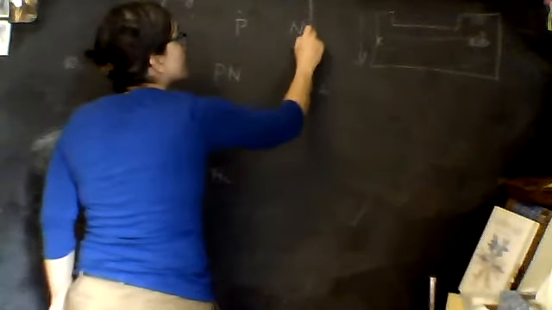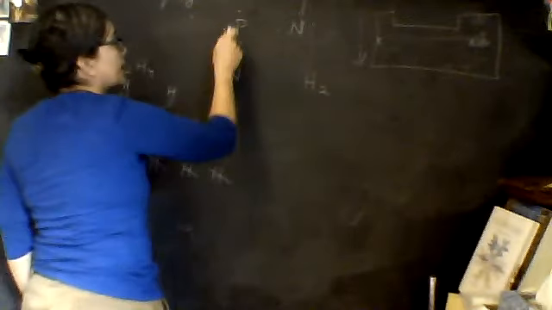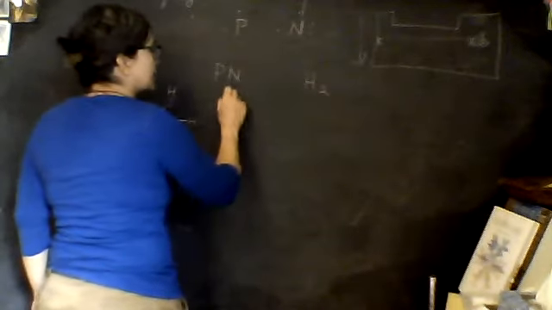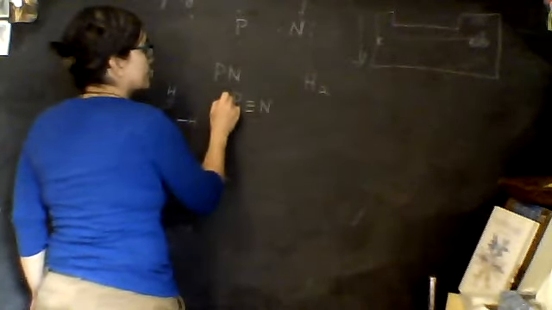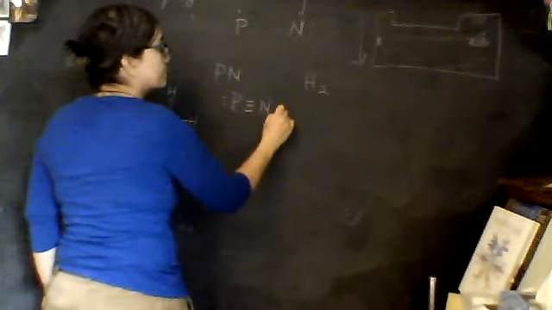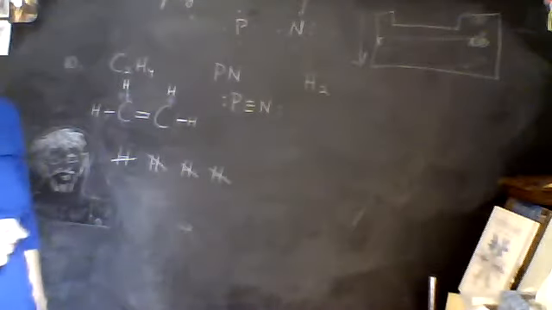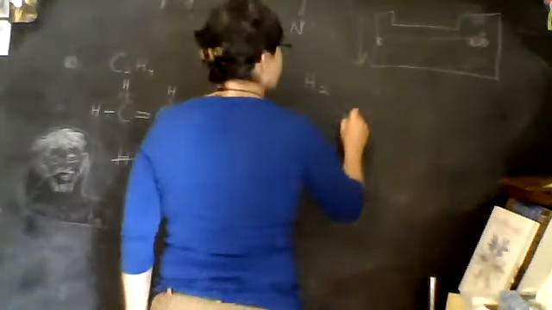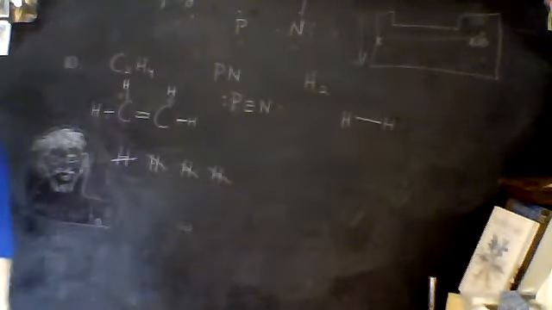N is also 5A. Okay, so look at these 3. They're going to make, it's going to look like this. P, N. I see. That's pretty strong looking. Okay. How about H? We've got H and H. Okay, so that's what it looks like.